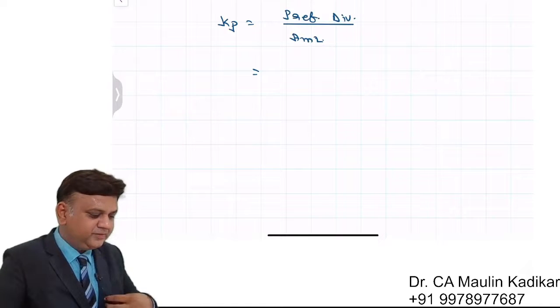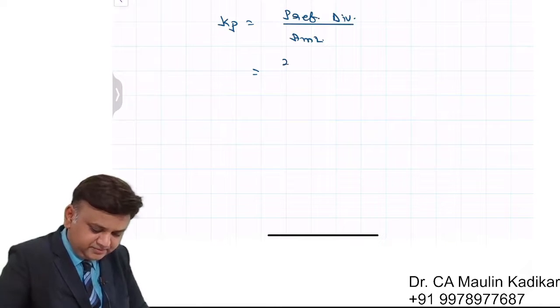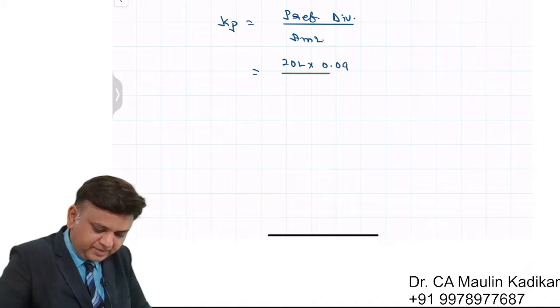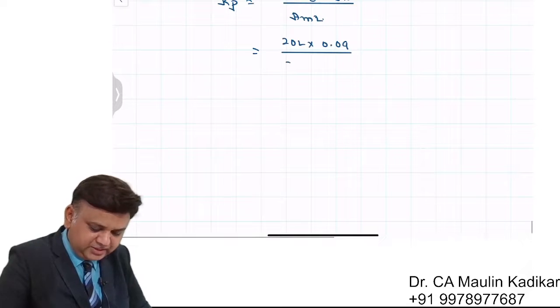So the amount of the preference share capital is 20 lakhs. Rate of preference dividend is 9%. Divided by the amount, which is 24 lakhs.